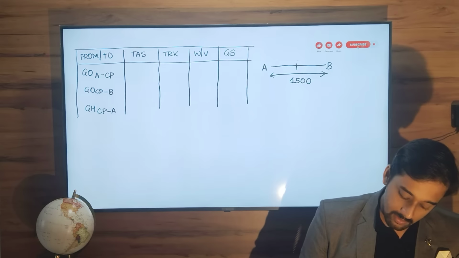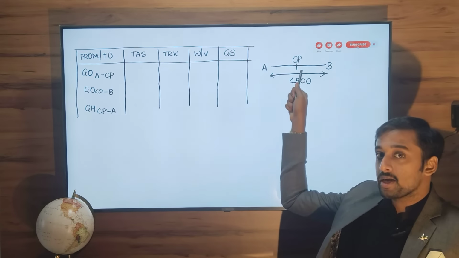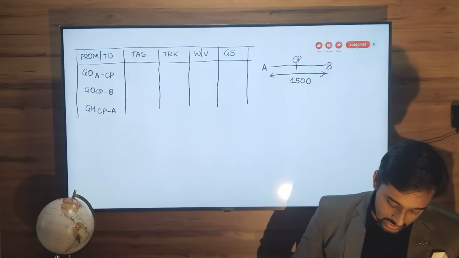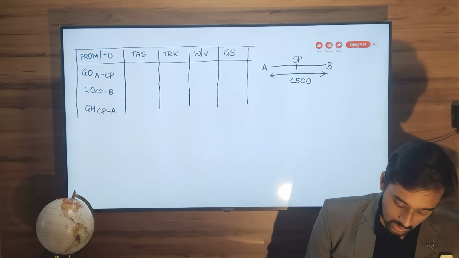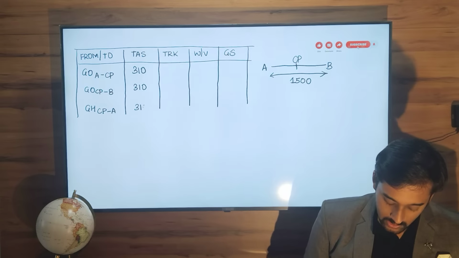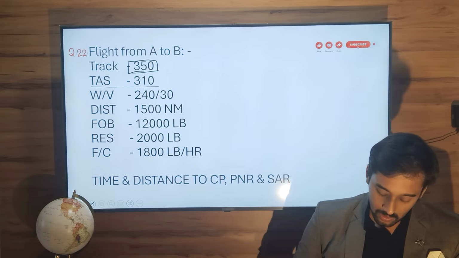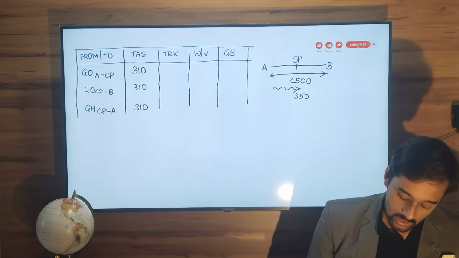So this is your CP. You are going from A to CP, CP to B, and CP back to A. The question says the true airspeed for all the cases is 310. So 310, 310, and 310. The track is 350, so when you are going from A to CP, your track is 350.